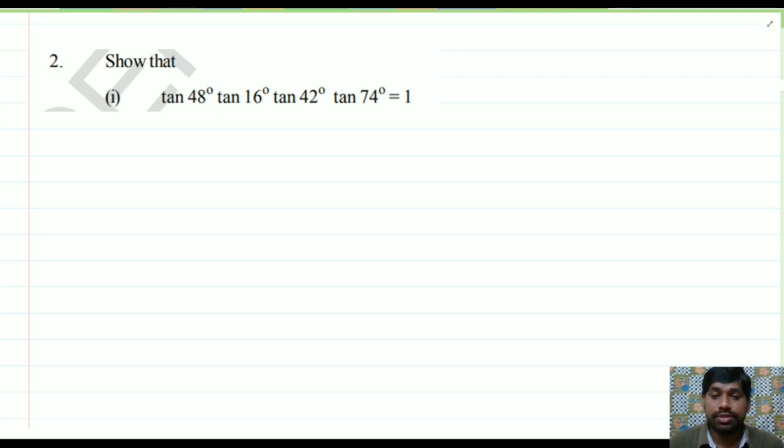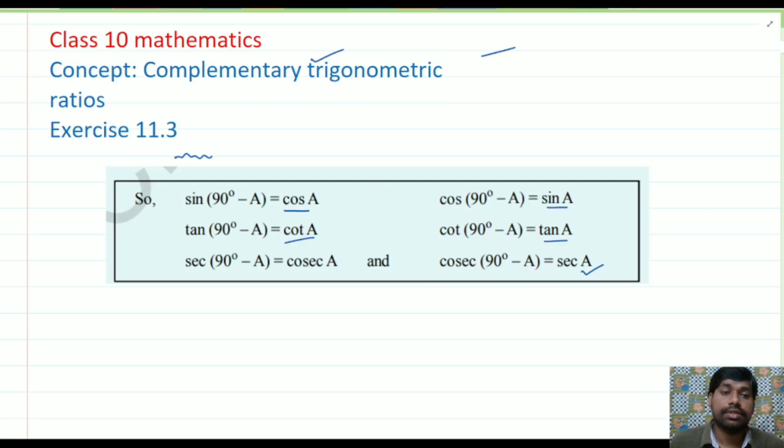Hi my dear students, today we are going to discuss the continuation part of the 10th class mathematics. The concept is complementary trigonometric ratios, and the related exercise 11.3.